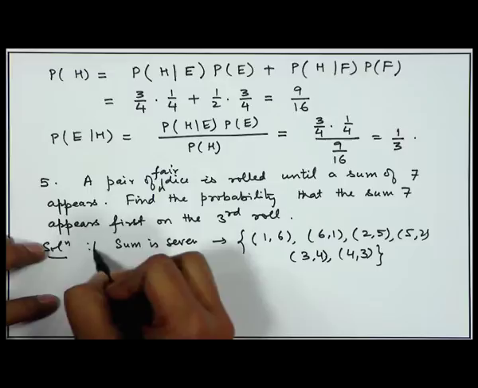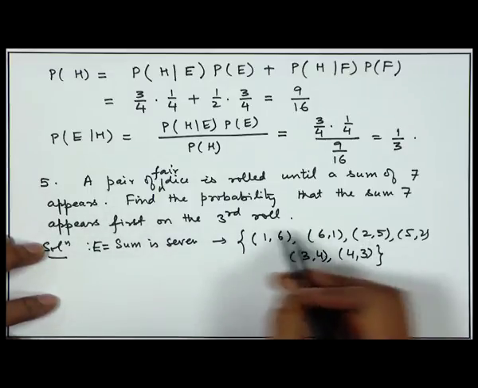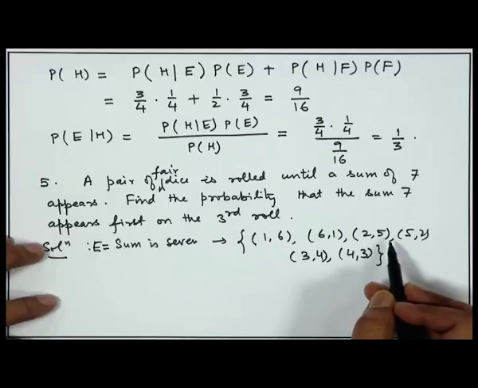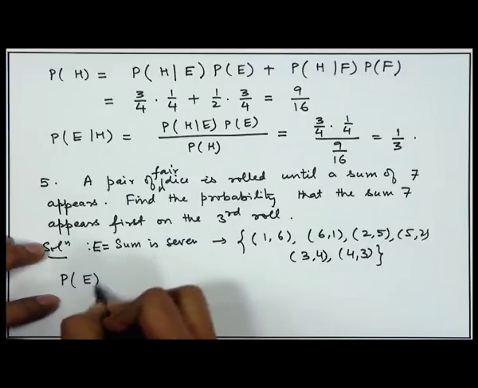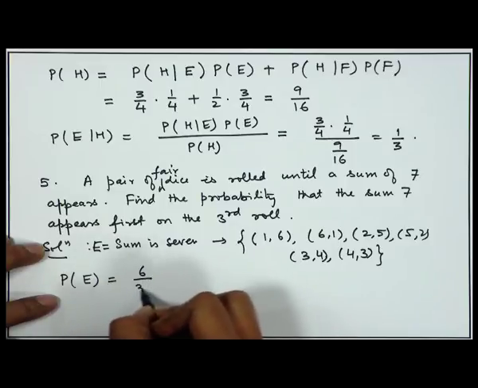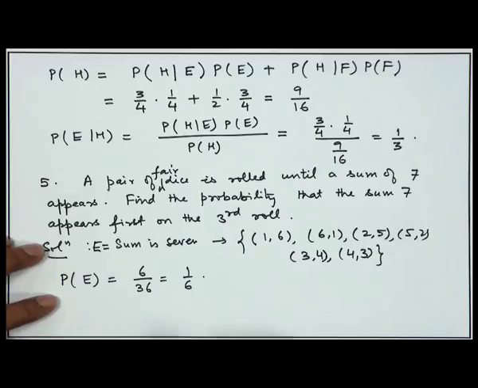So, if we consider this event as E, that the sum is 7, then it consists of 6 elements. So, the probability of E is equal to 6 by 36, that is 1 by 6. Let me call it probability P.